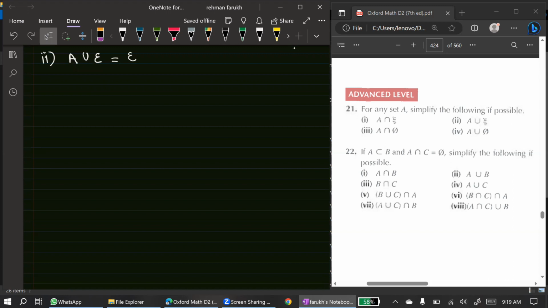Now we want to find out A intersection phi. I will explain this A intersection phi. There is a sack in which there are mangoes, and there is an empty sack.